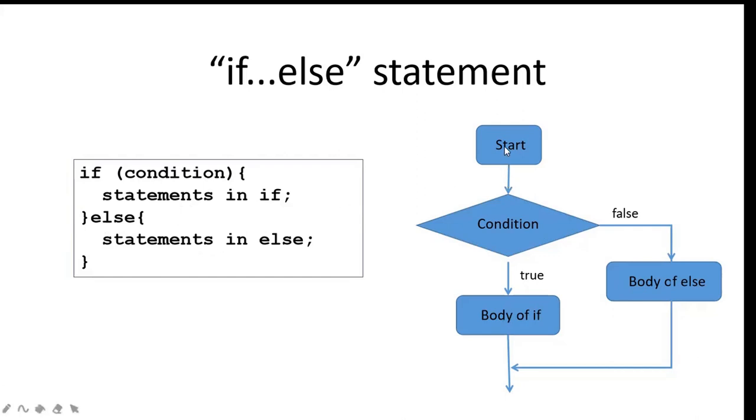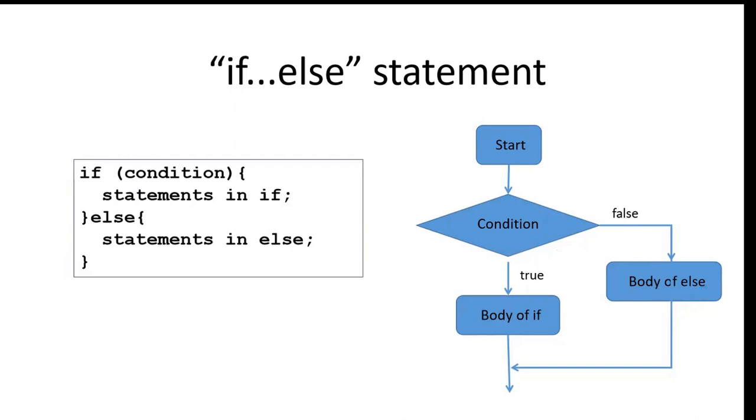So the flow chart is this: when you start and you check the condition, if the condition is true, it goes straight away to the body of the if statement. If the condition is false, then it will go to the body of the else statement.